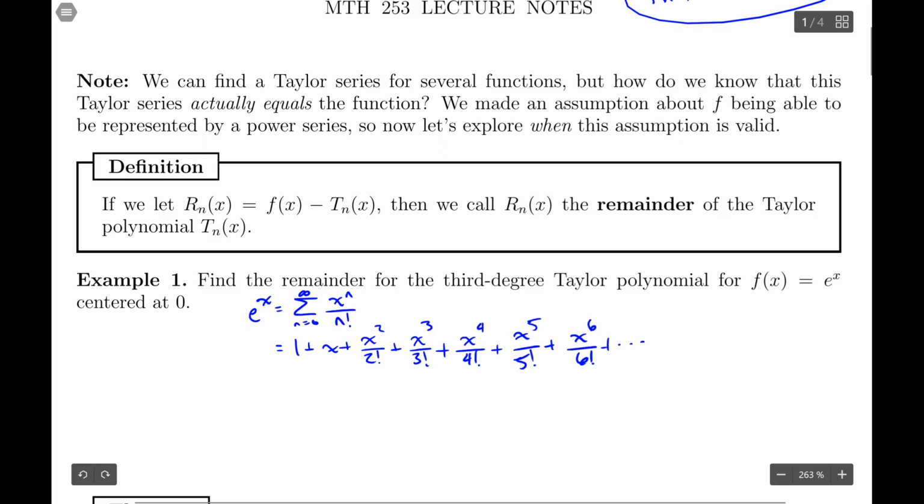Well, when we do this, we're actually isolating here's T sub 3 of x, and the remainder is everything that's left. Here's our remainder. Our remainder is everything to the right of T sub 3. We call that R sub 3.